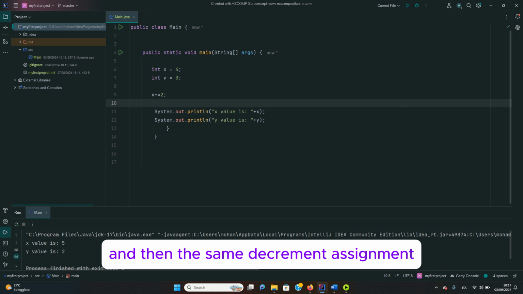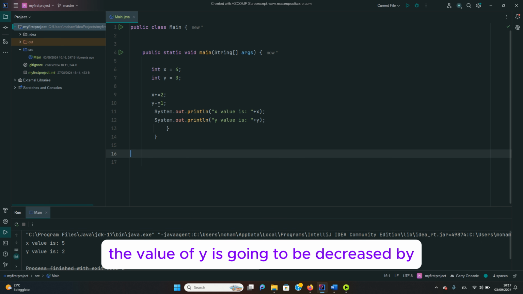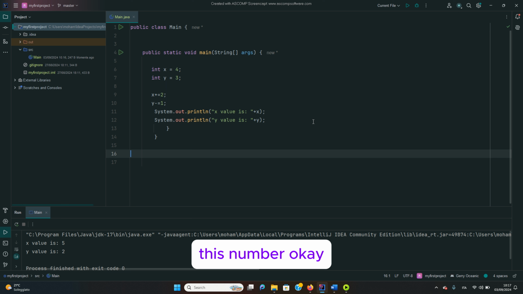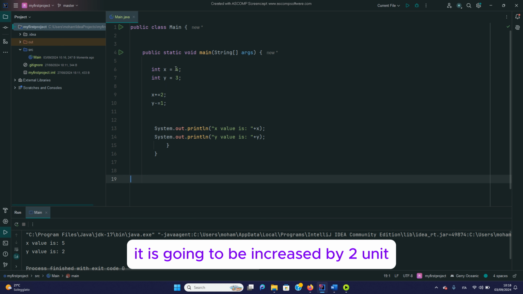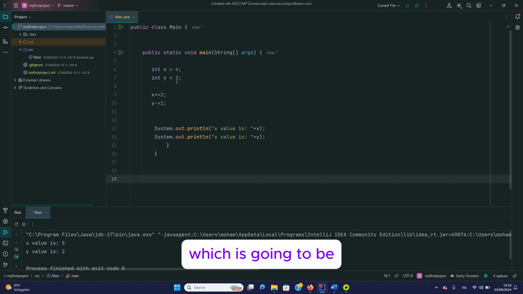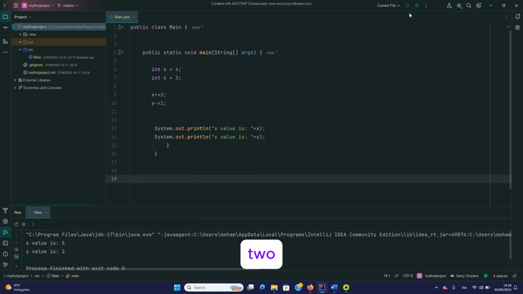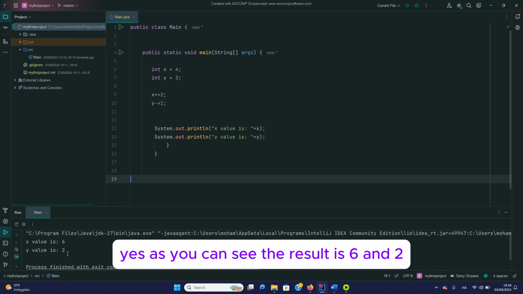And when we say decrement assignment, it means that whatever the value of y is going to be decreased by this number, 1. Let's print this. Now the x value is 4. It is going to be increased by 2 units. It is going to be 6. And the value of y is going to be decreased by 1 unit, which is going to be 2. Yes, as you can see, the result is 6 and 2.